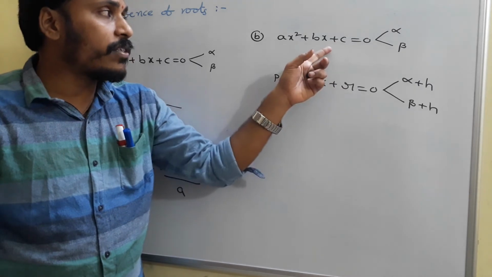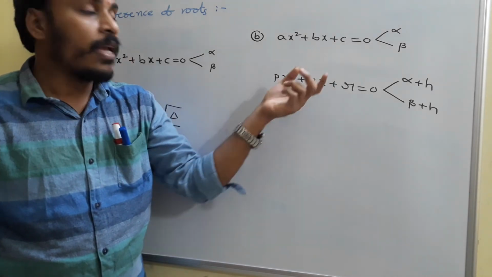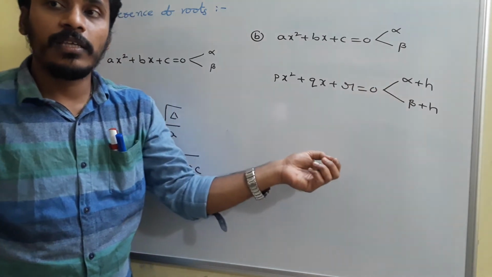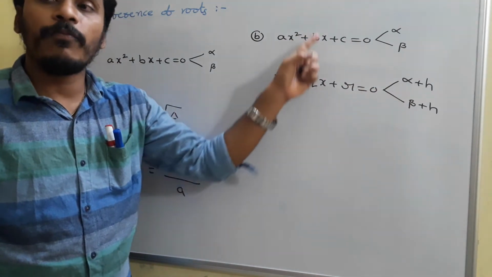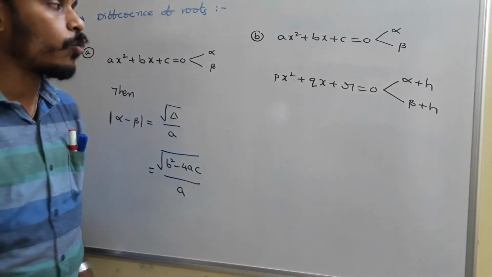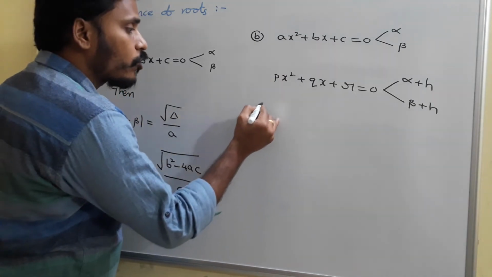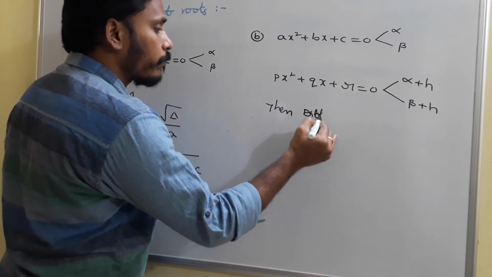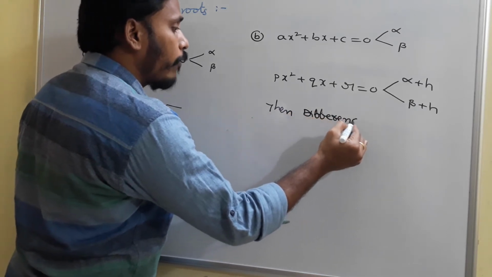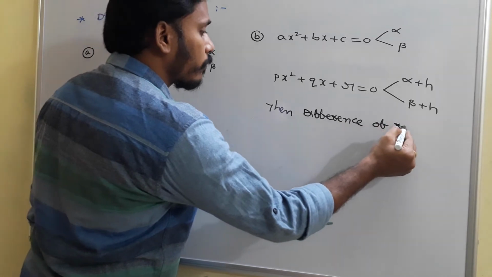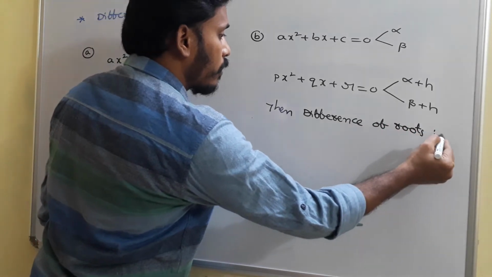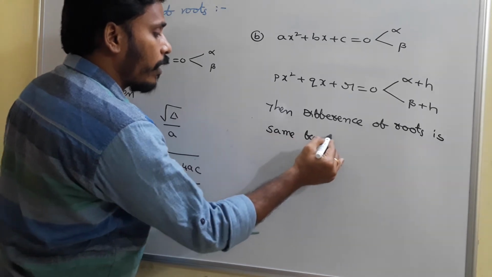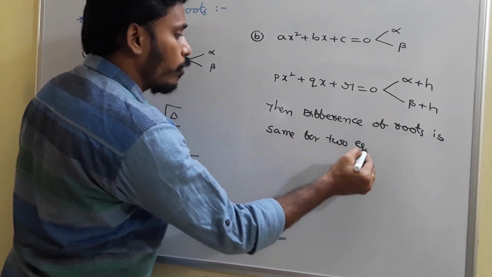So if the first equation has roots alpha and beta and the second equation has roots alpha plus h and beta plus h, in this case the difference of roots is the same for these two equations. That's what we need to identify.